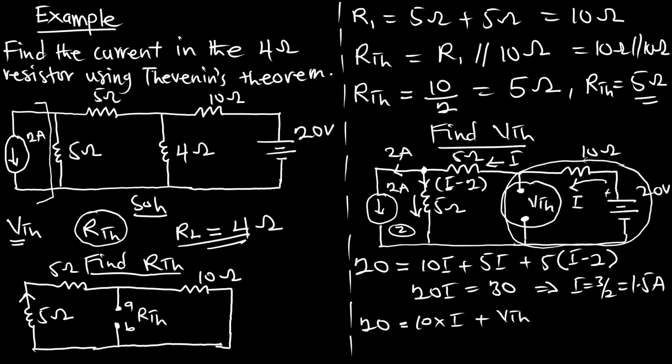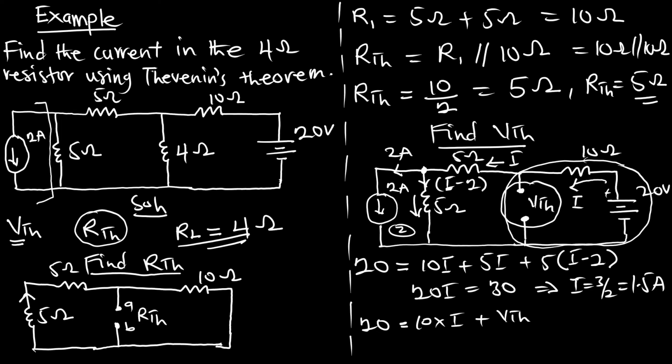It also makes sense, right? Yes, because we are considering this part as a loop, and voltage at the VTH plus voltage at the 10 ohm is equal to the voltage also at the 20 volt. The same thing if you consider the whole part as a loop, it is also going to be true to help you find your current I.